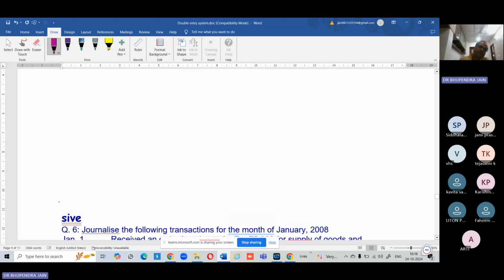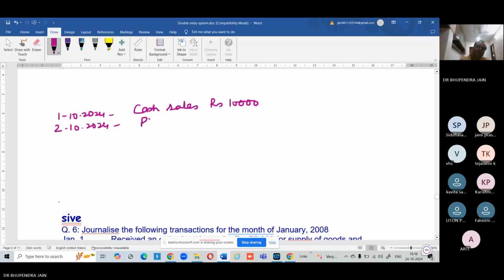Suppose the first transaction on 1st October 2024: cash sales rupees 1 lakh. Second transaction 2024: paid for purchase rupees 8,000.